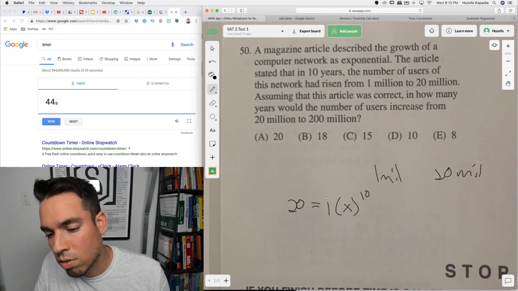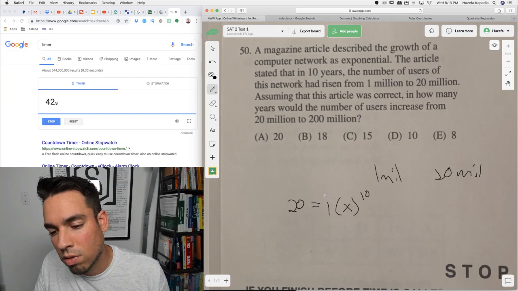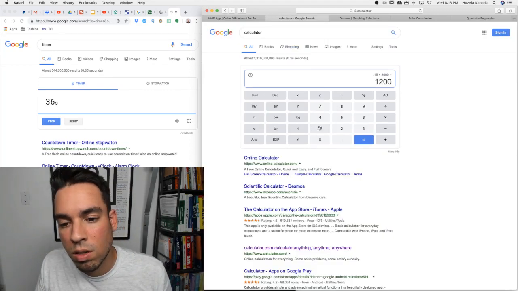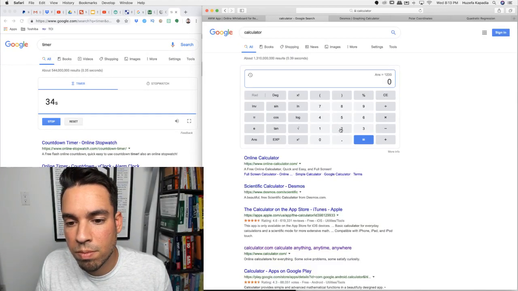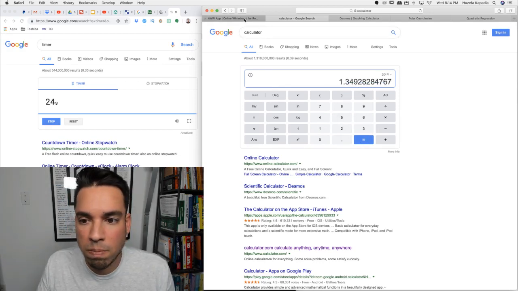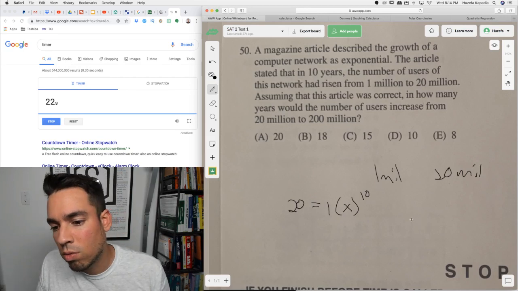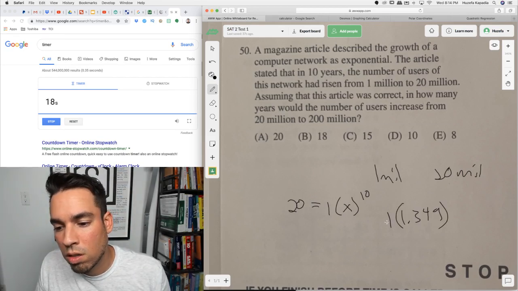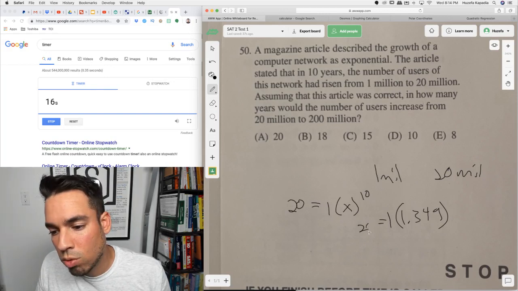Then we take log of 20 equals 10 log of x. Let me see if I can do this really quickly. 20 to the 0.1 power. The 10th root is basically 1.349.